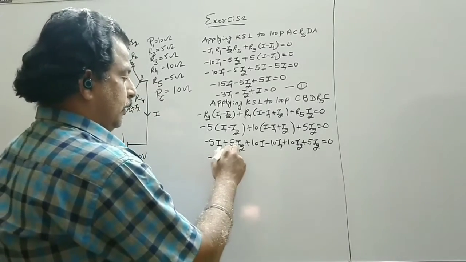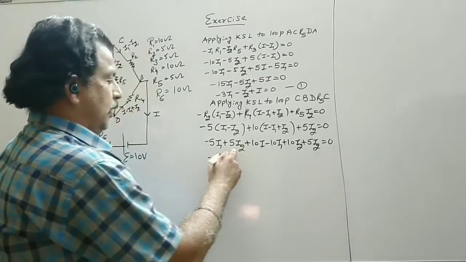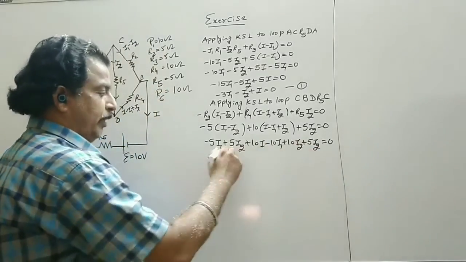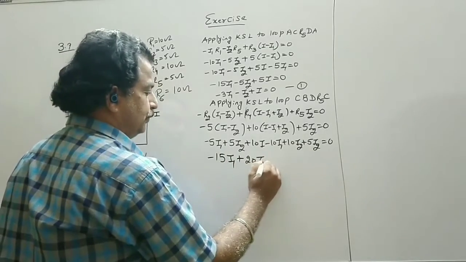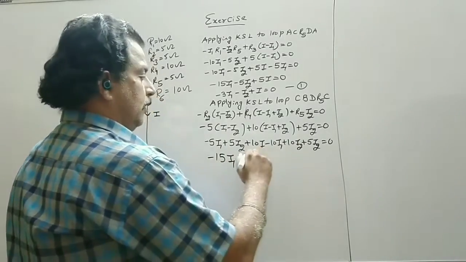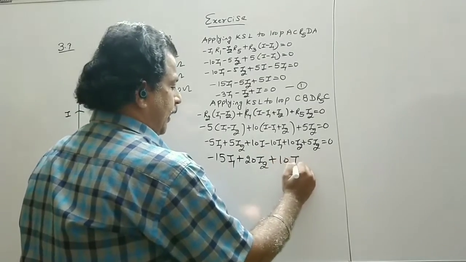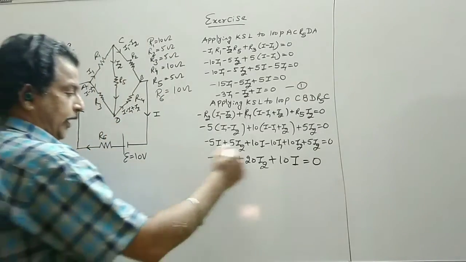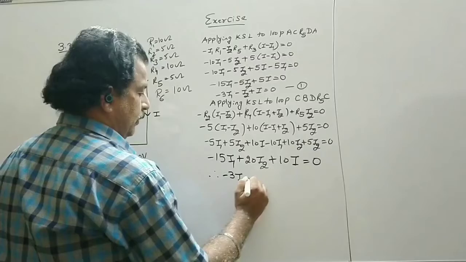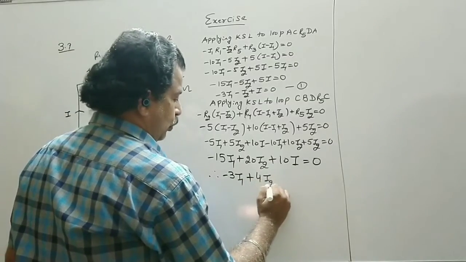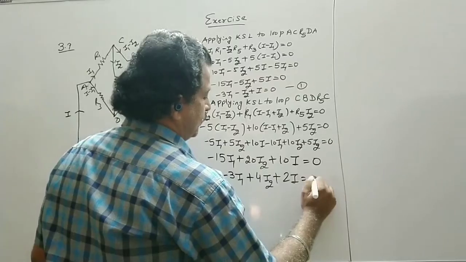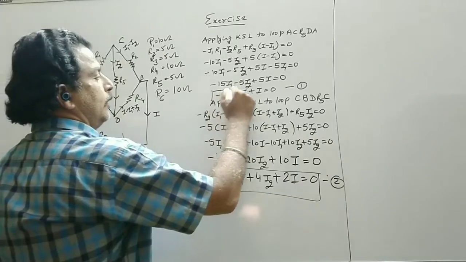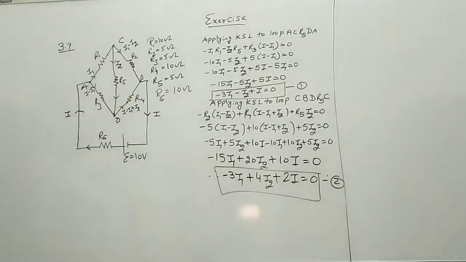For I2, 5 I2, 10 I2 and again 5 I2, so 5 plus 5 is 10, plus 10 is 20 I2, plus 10 I is equal to 0. Dividing by 5, minus 3 I1 plus 4 I2 plus 2 I is equal to 0. This is our equation number 2, and this is our equation number 1.